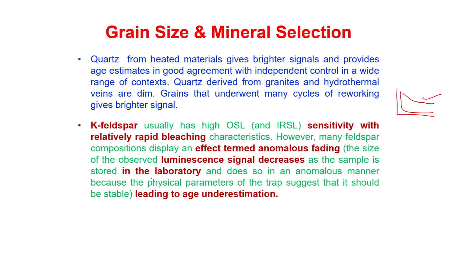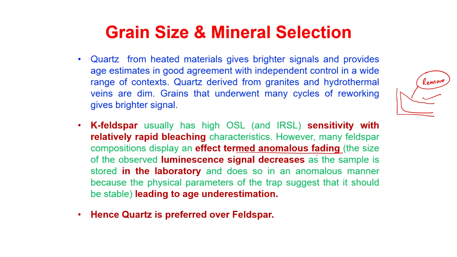Okay, and mostly if we are having contamination, then we may end up having underestimation of the age actually. So if we are using quartz, then we try that the feldspar has been removed as far as possible. Hence quartz is preferred, because for feldspar you have fading.